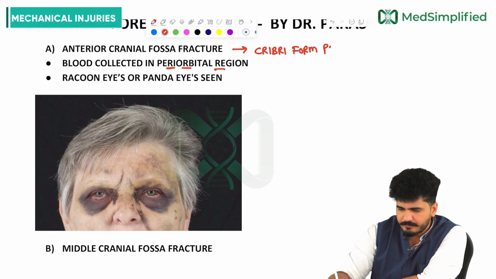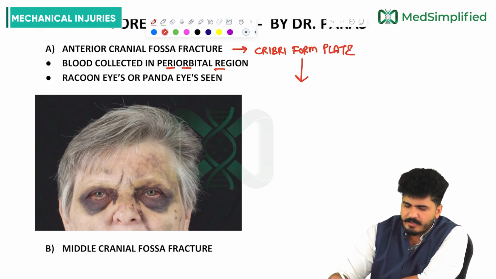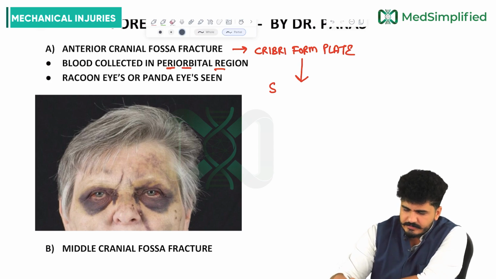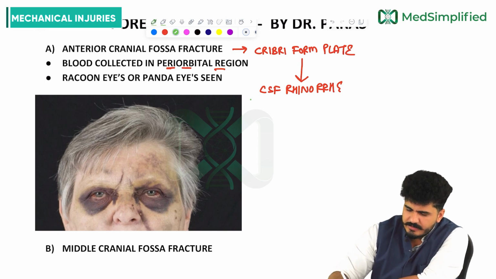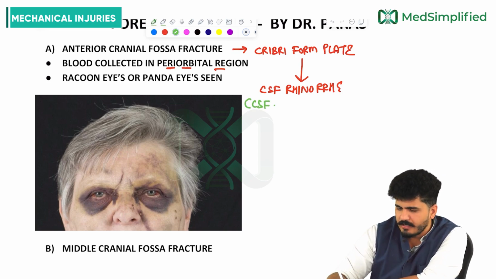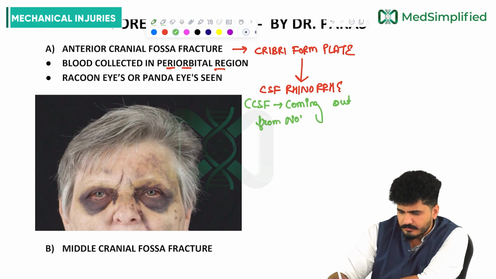Because of this cribriform plate damage, there will be a symptom, that is CSF rhinorrhea. CSF rhinorrhea means the CSF, which is colorless fluid, coming out from the nose.